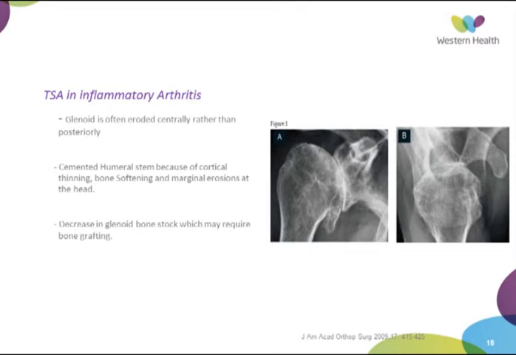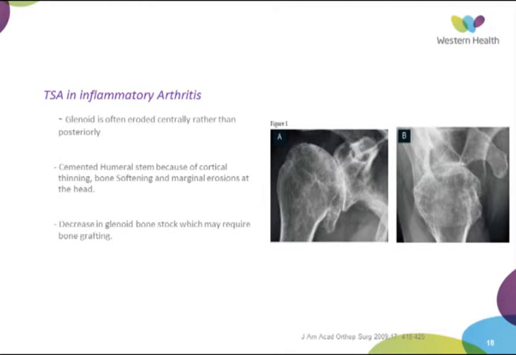A bit about the use of it in inflammatory arthritis. The pathology is different, and also the radiological changes are different in inflammatory arthritis. In normal osteoarthritis, the head is subluxed posteriorly, but in these sorts of cases, the head is medialized. There are more erosive changes in the head and the glenoid, and the bone is more osteopenic.